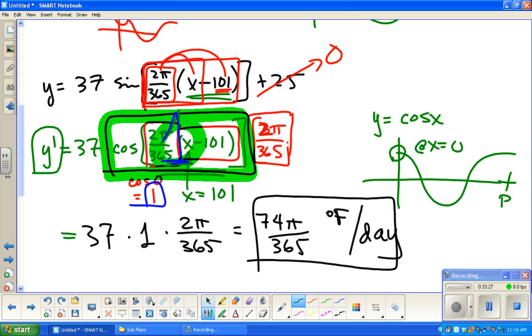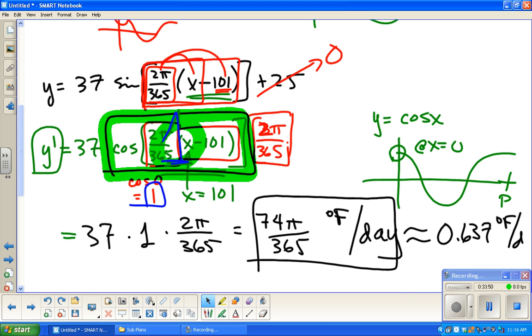Now, what a beautiful number that is. Now, 74 times 3 would be 210, so about 200 something over 365. Yeah, it looks like I'm on track with the book's answer, which is 0.637 degrees Fahrenheit per day. Okay, that's it.